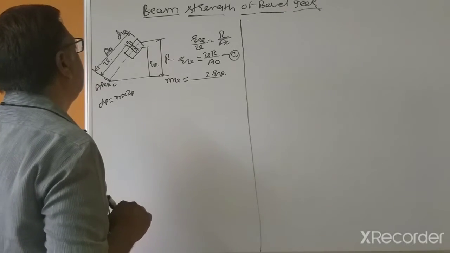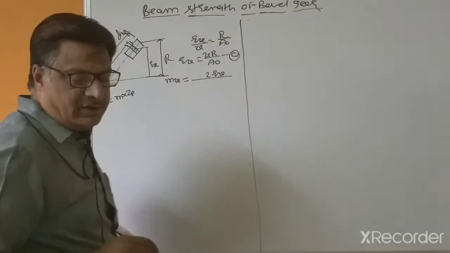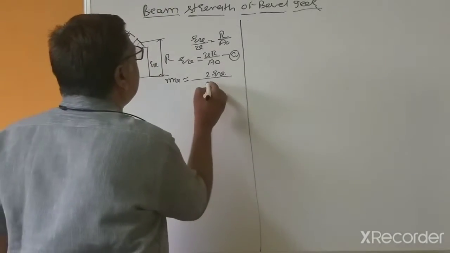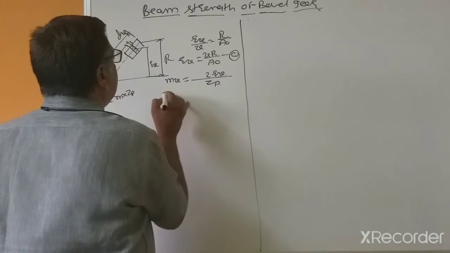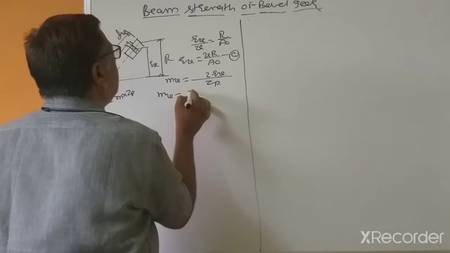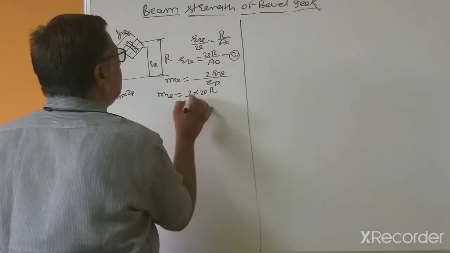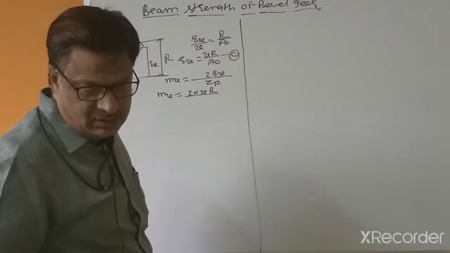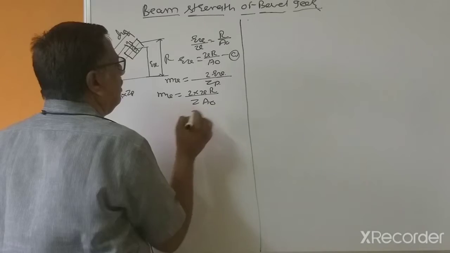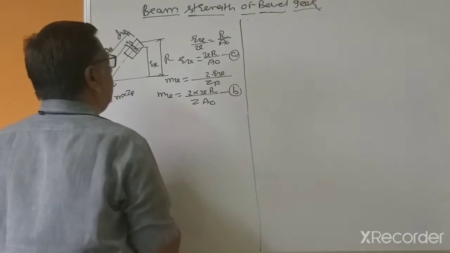So mx equals, putting the value of Rx, 2xR divided by zA0. Suppose this is equation B.